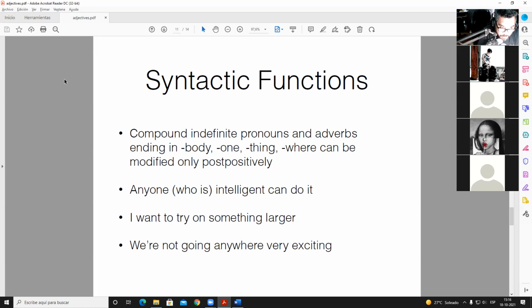Therefore, anyone intelligent can do it is possible because we erased the who is, which is the WH clause. Anyone who's intelligent can do it.